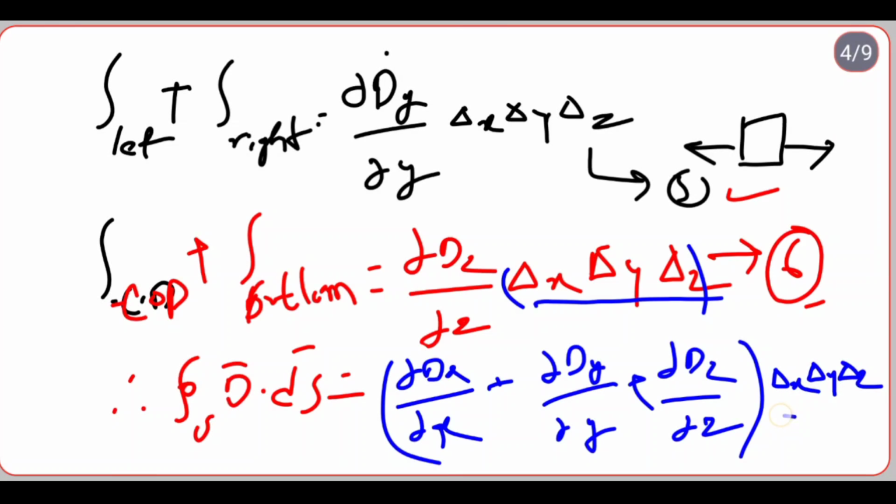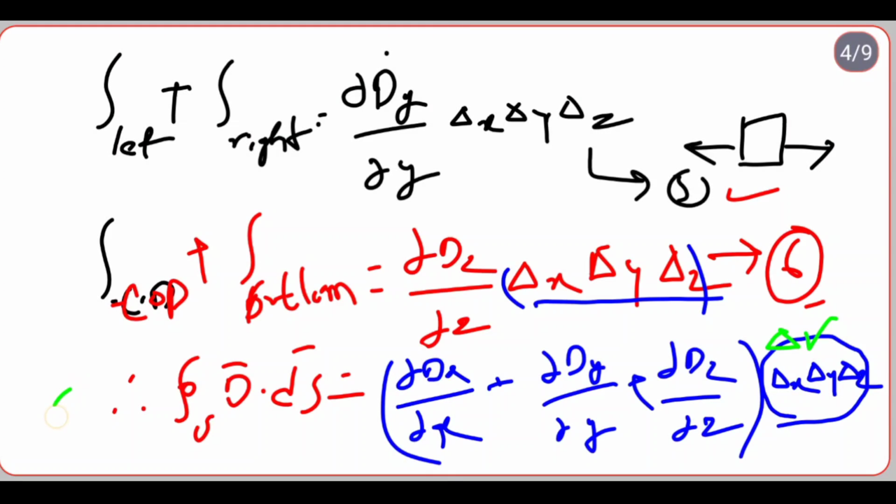But delta x delta y delta z is the differential volume. The differential surface is dx dy, and the differential volume is delta v. We can directly substitute delta v in place of delta x delta y delta z.